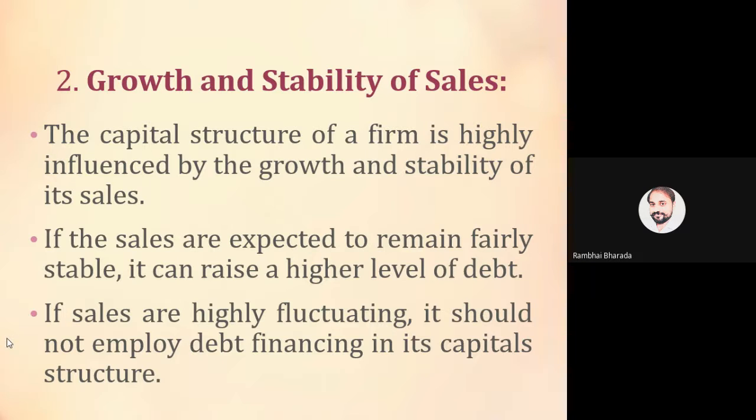Why? If your sales remain the same, a company's sales remain the same, in that case what happens? Your income remains the same. It means your net profit remains the same.